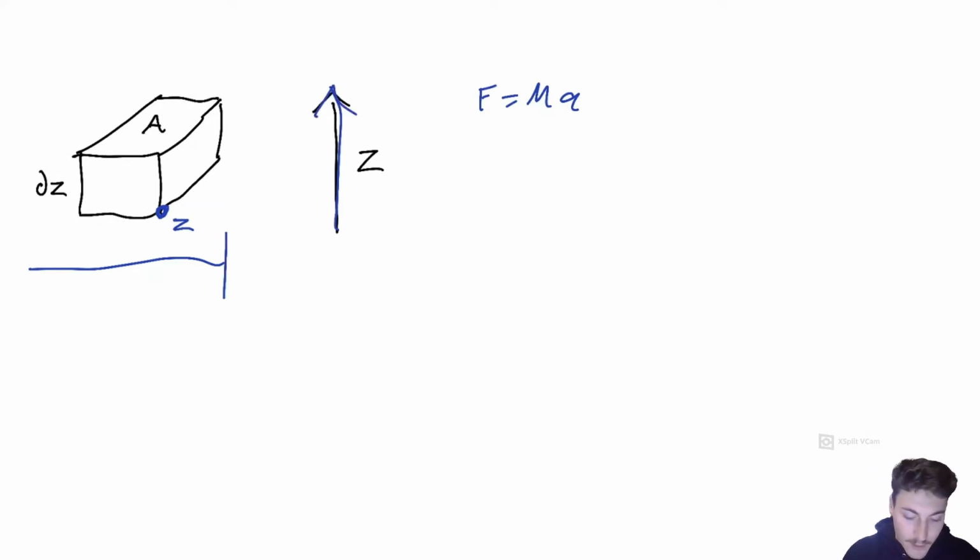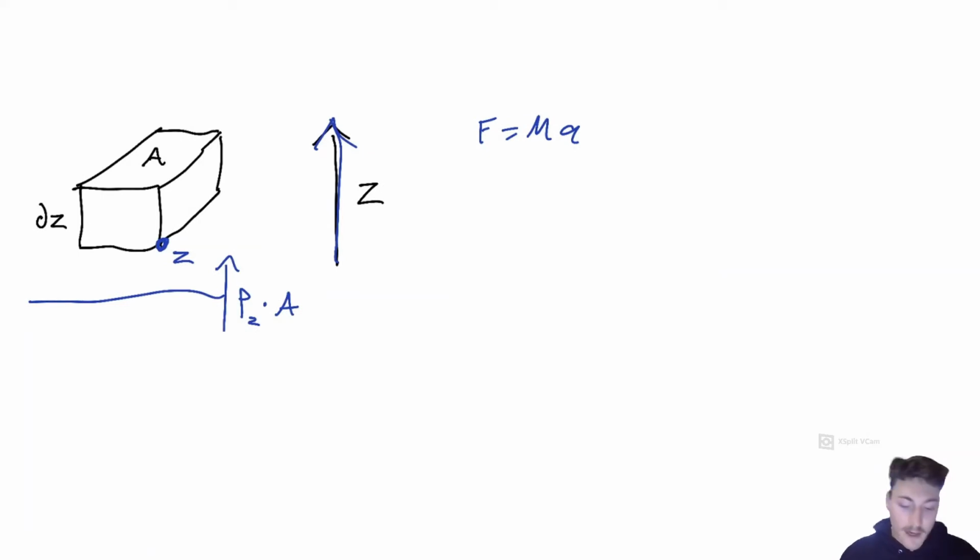So we have one force going up, the pressure at z times the area. We also have another force going down, which is the area times the pressure at point z plus this height right here, dz.